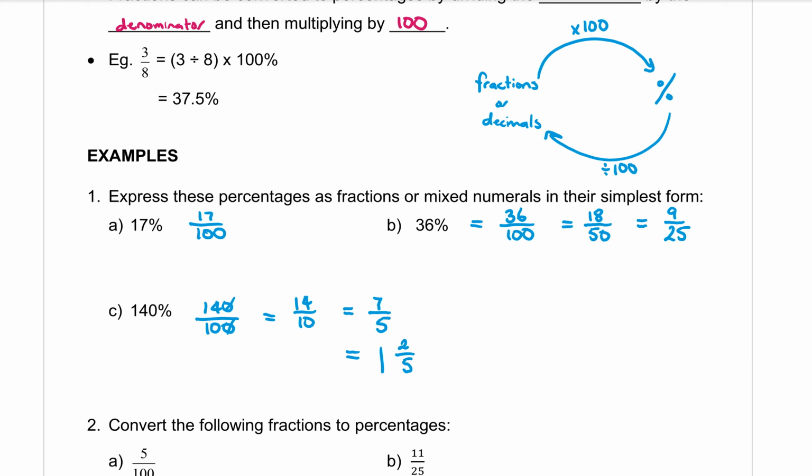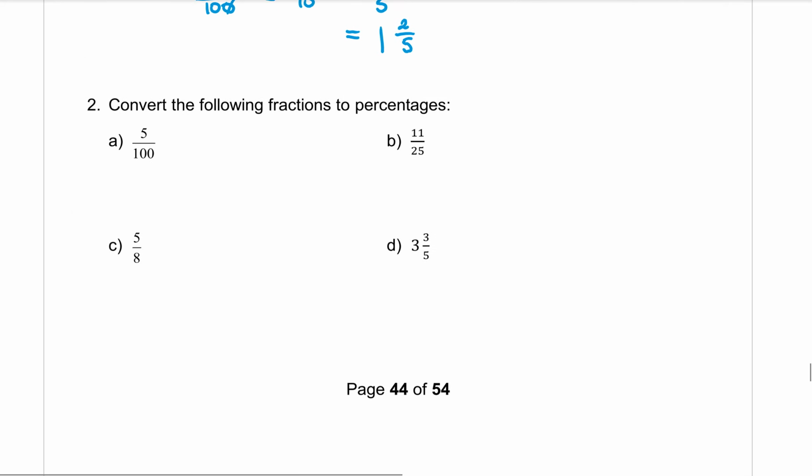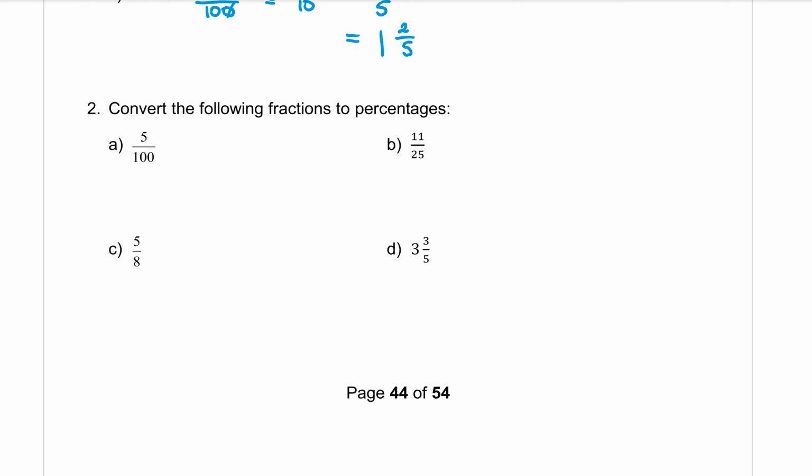Question 2 wants us to go the other direction. It says convert the fractions to percentages. So a fraction to a percentage means we want to multiply it by 100. So that means if I have 5 over 100, multiplying that by 100 is just going to be the 5. Okay, in other words, if it's over 100, then it's just the number on top. It's just going to be the 5%. So if I can change to make an equivalent fraction out of 100, that would be the easiest thing to do.